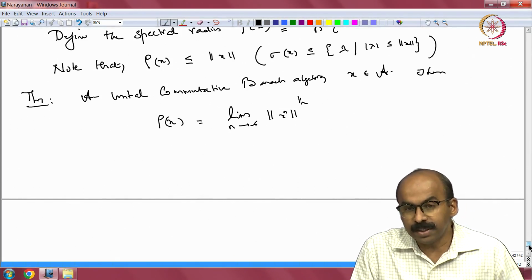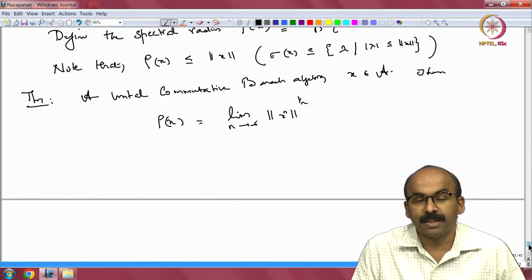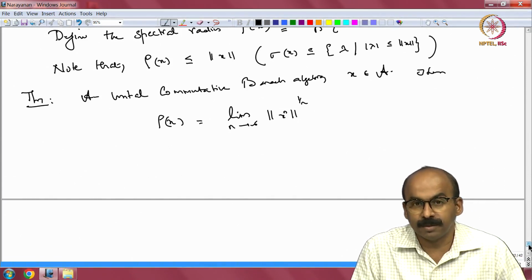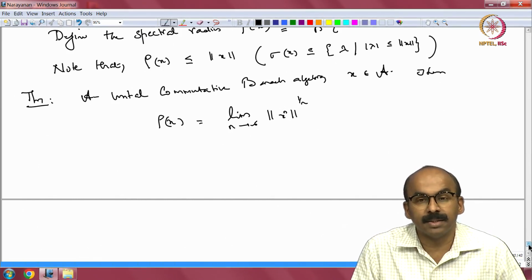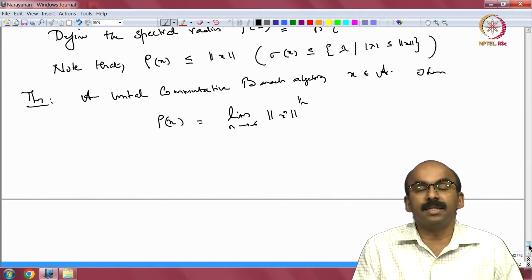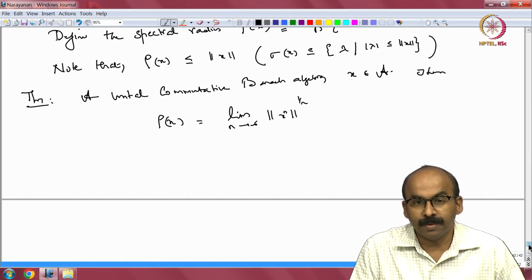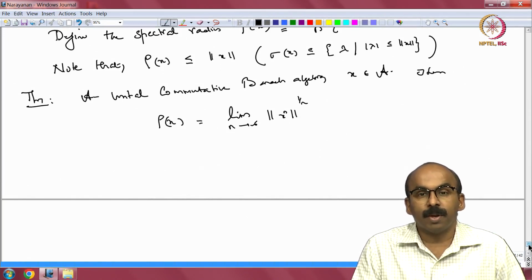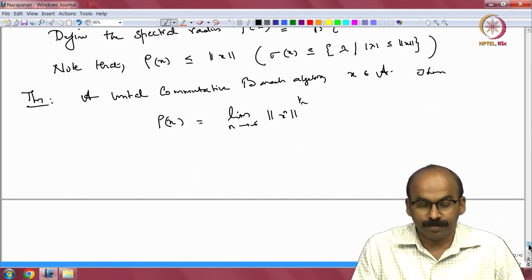Now, if you look at the definition of the spectrum, it depends only on the multiplication, right, that is a purely algebraic concept: you look at all lambda such that lambda e minus x is not invertible. The invertibility depends on how the multiplication is defined, right. So, it is a purely algebraic concept, and so rho of x, which is the supremum of things in the spectrum, is an algebraic object.